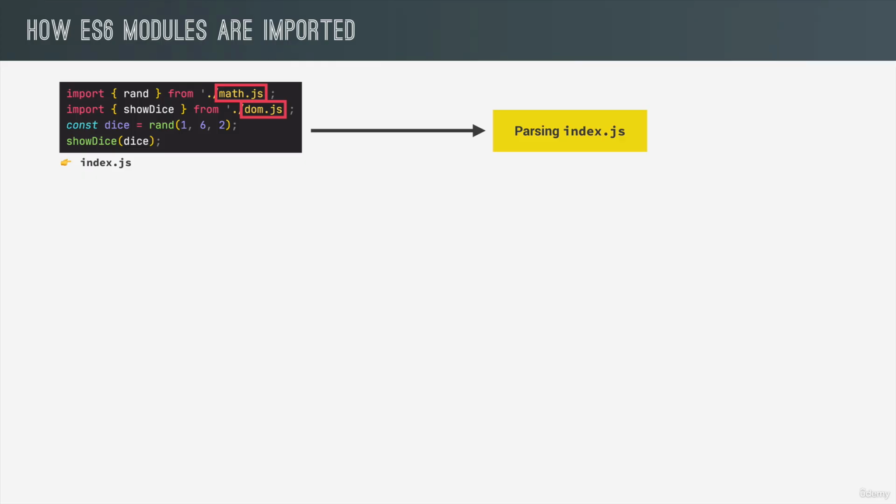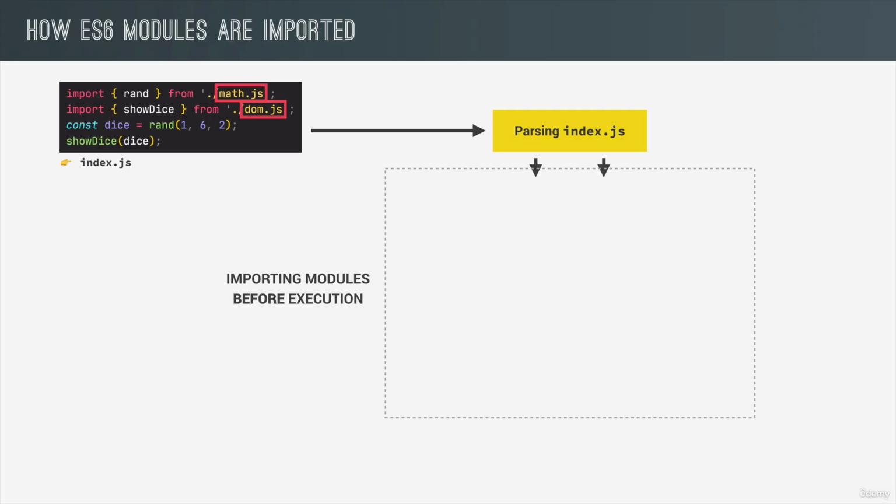Remember, we talked about that way back. Parsing basically means to just read the code, but without executing it. And this is the moment in which imports are hoisted. In fact, the whole process of importing modules happens before the code in the main module is actually executed.